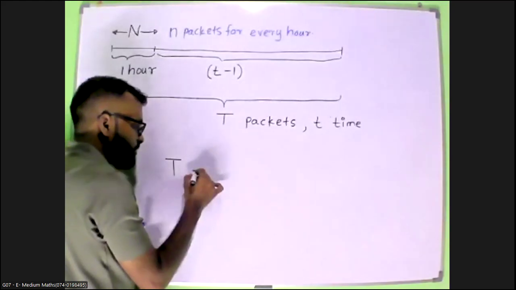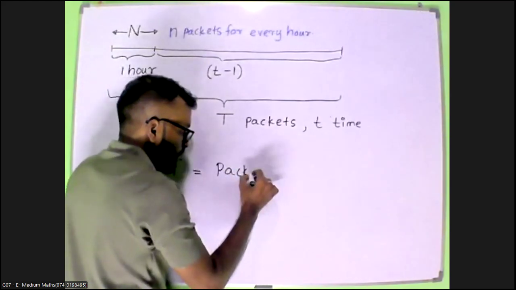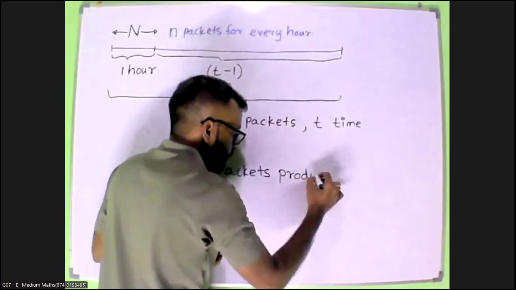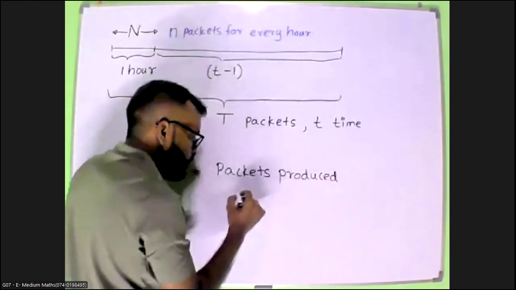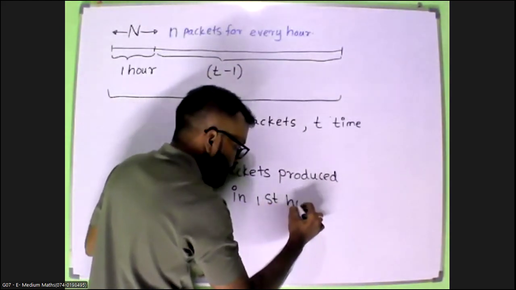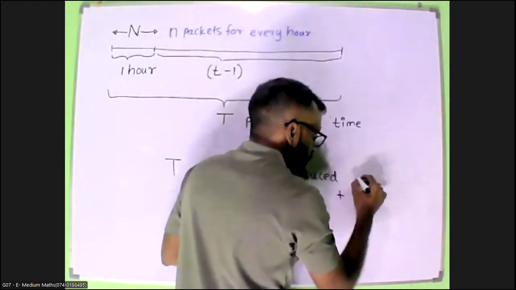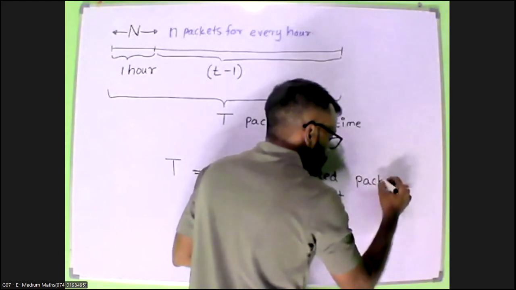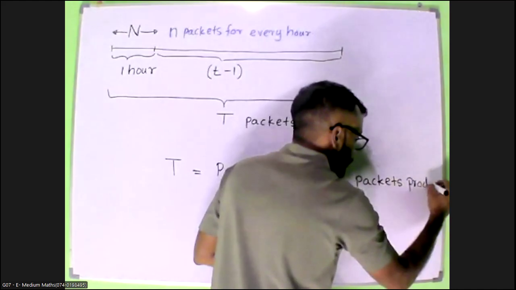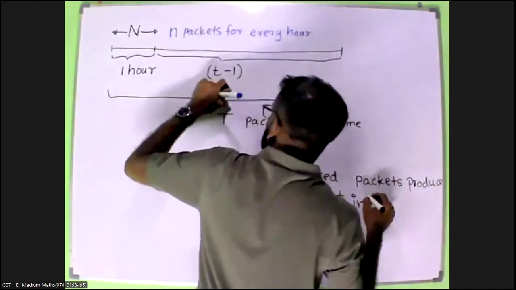T equals packets produced in first hour, plus packets produced in the remaining T minus 1 hours.